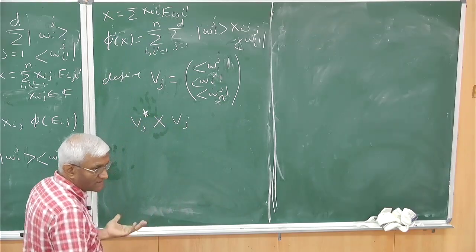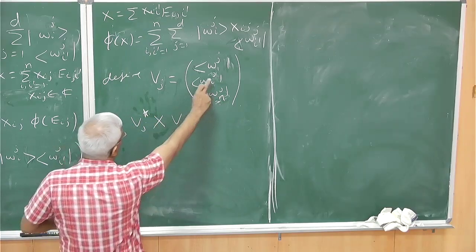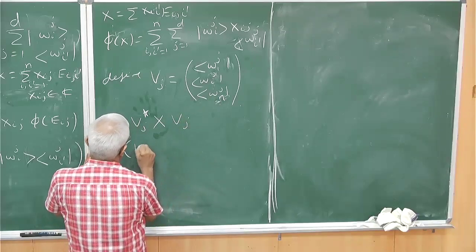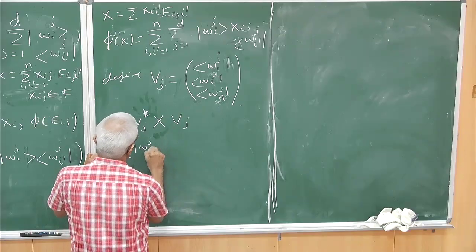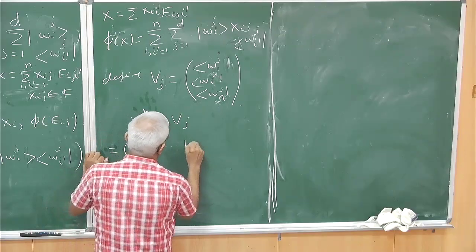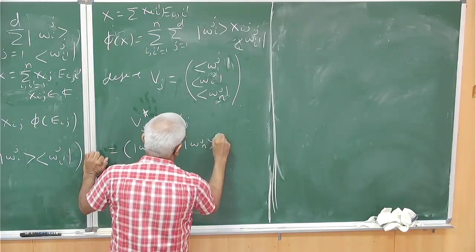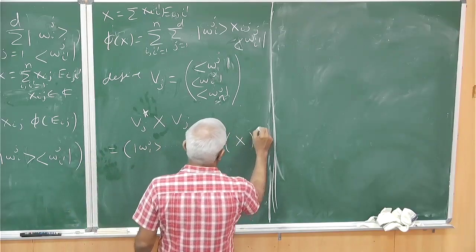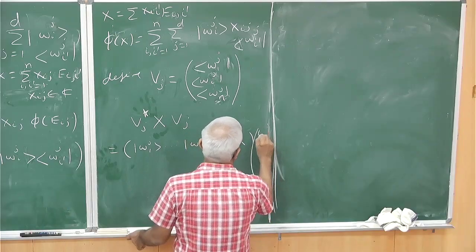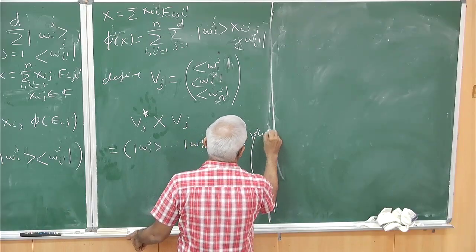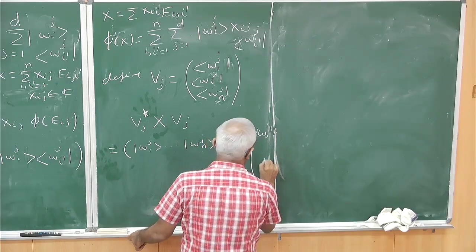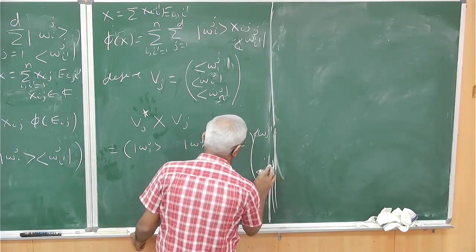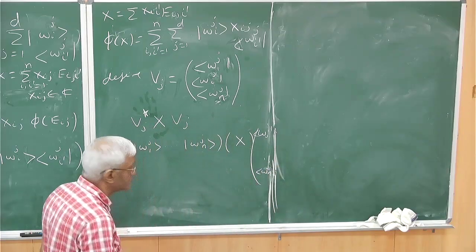I just compute what this is. So Vj star means we will have this: omega j1 up to omega jn. And then the matrix x will be there. And then we are having this omega j1 up to omega jn. That's what we have.